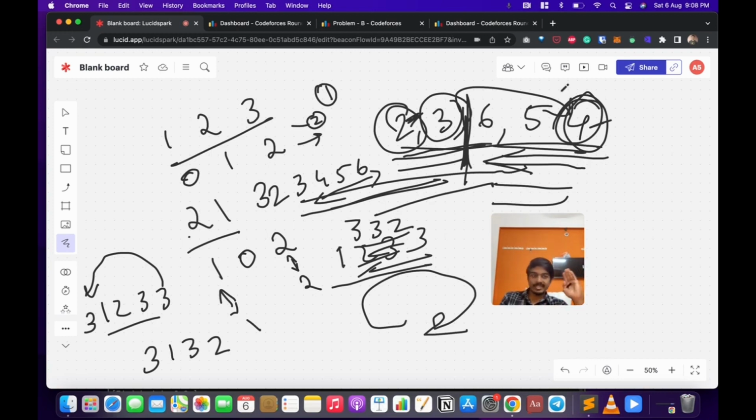So you have to find the transition point using binary search. Since you found the transition point, you just have to check whether this and this are the same or not. If you take 3132 to 3, it decreased, right? It should not decrease. This number should be greater.